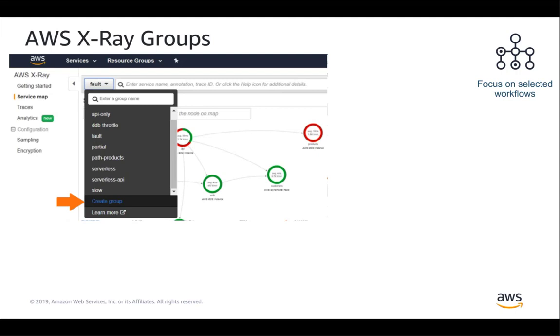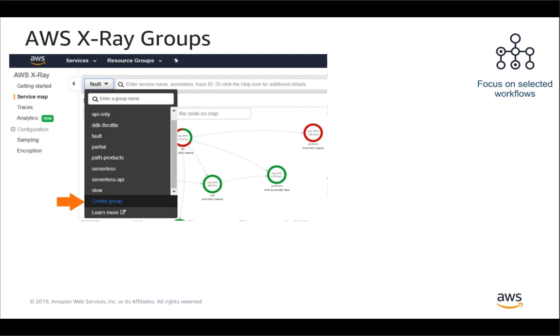One of the other things that Groups enables you to do is not only does it just create the visualization for the request, but it also splits up the metrics that are captured for each one of these services and edges on the service map. And we'll look at this a little more in the demo, but I just want to call that out because a lot of folks miss that.